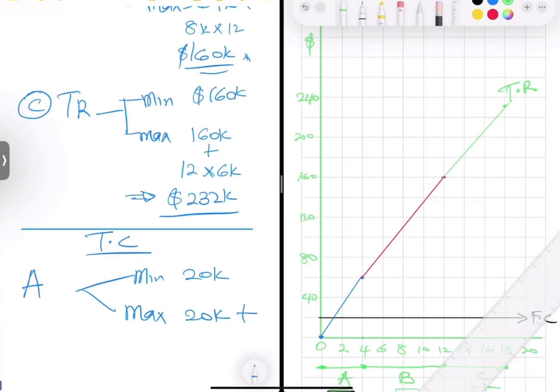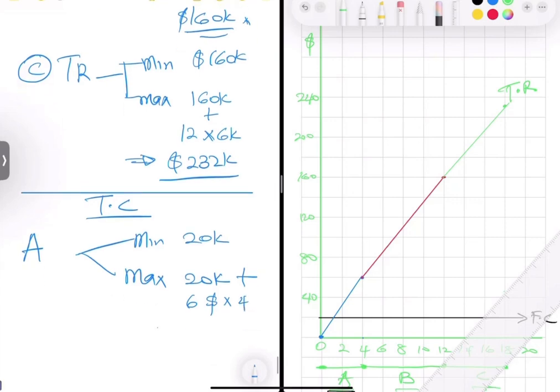And variable cost of A is $6. And we're selling how many units? 4,000 units. So that's 24,000. So the maximum equals $44,000. Which means we need to plot that.